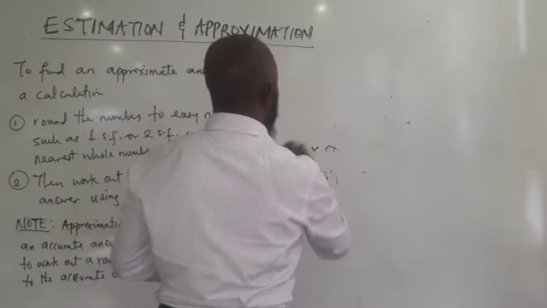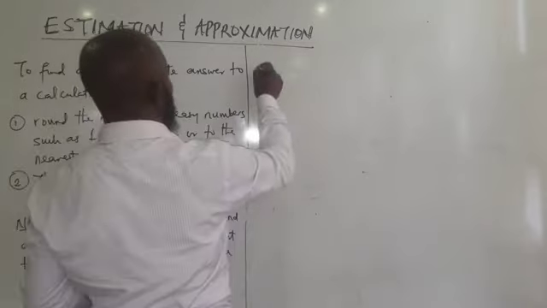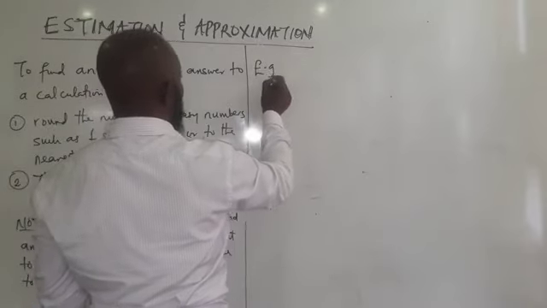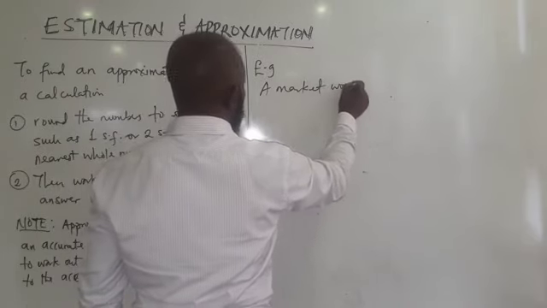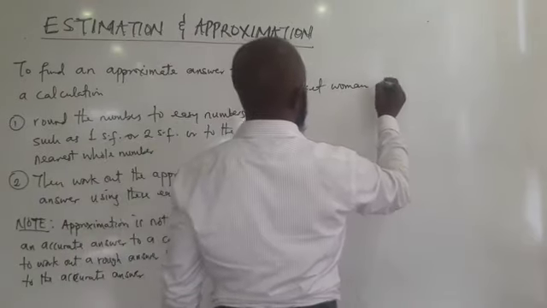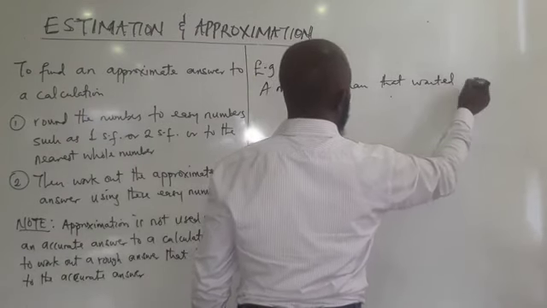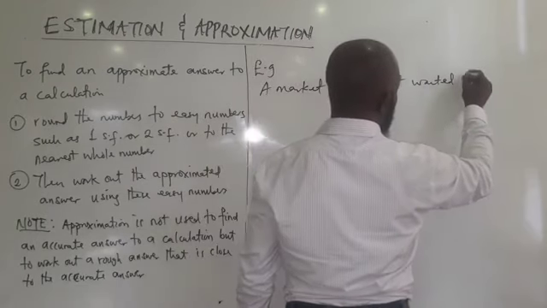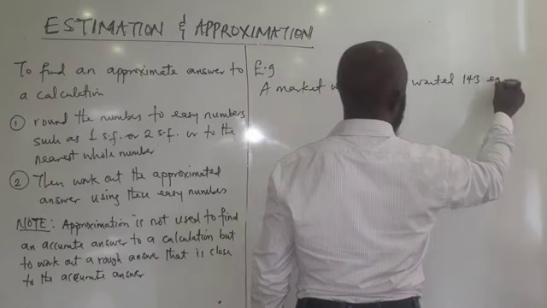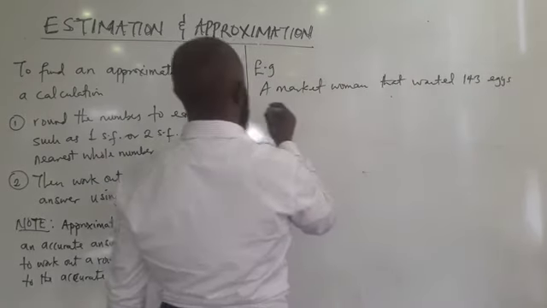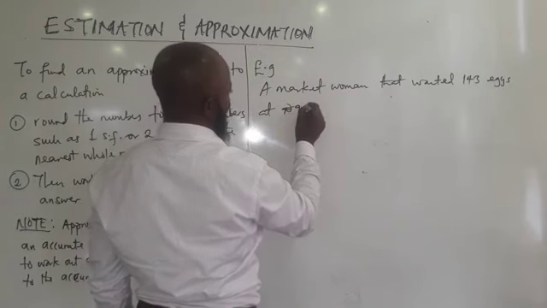So we have a market woman. Let's have this example: a market woman that wanted to buy, let me say, 143 eggs at 9 naira 20 kobo each.